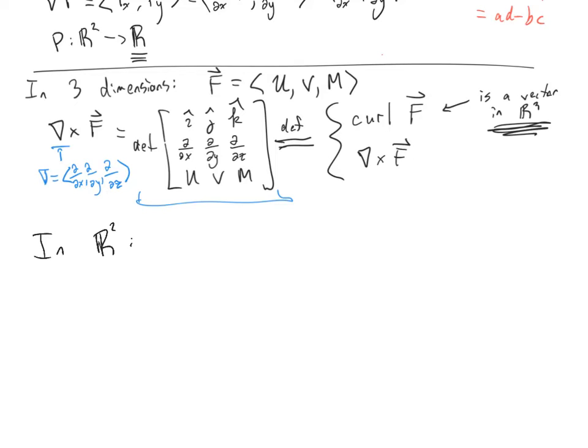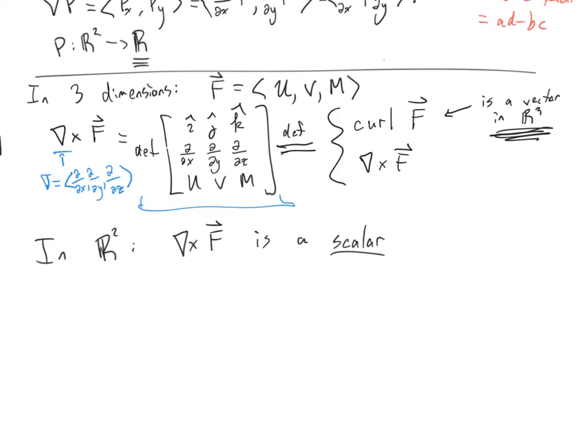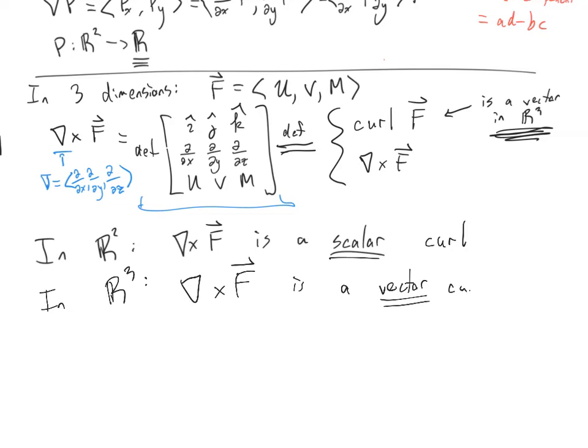In R2, nabla cross f is a scalar curl. In R3, nabla cross f is a vector curl.